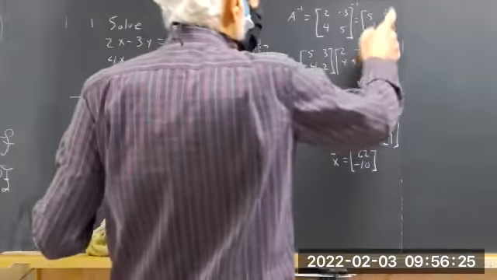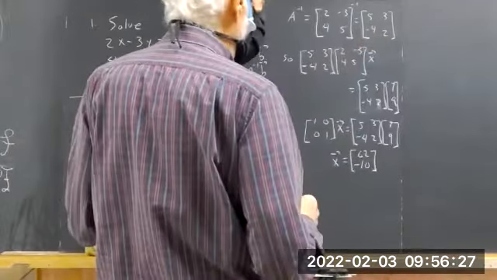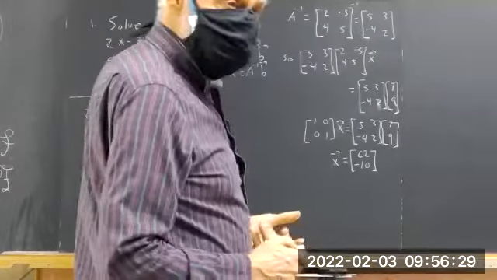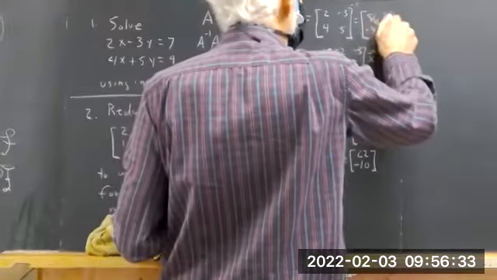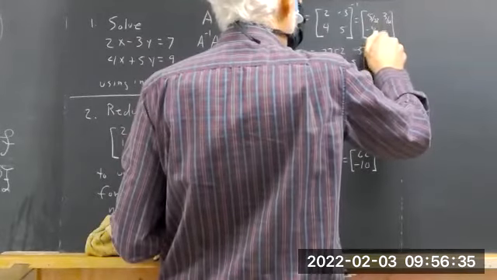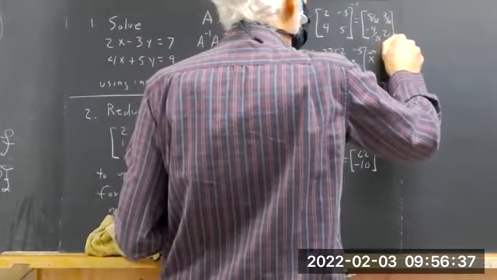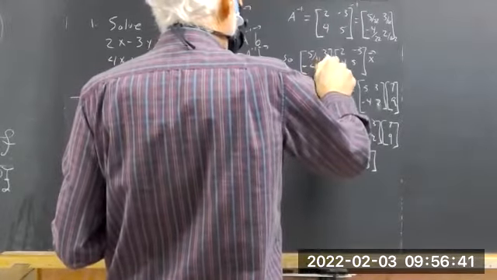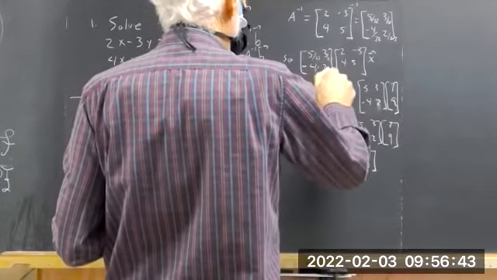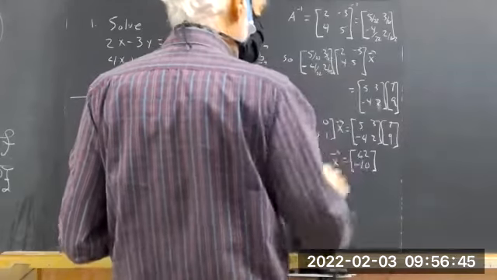And 5 times 2 is 10, 3 times negative 4 is negative 12. That gives you 22. So this should have been over 22, over 22, over 22, over 22. Not going to be able to read it, but it's over 22. Okay.